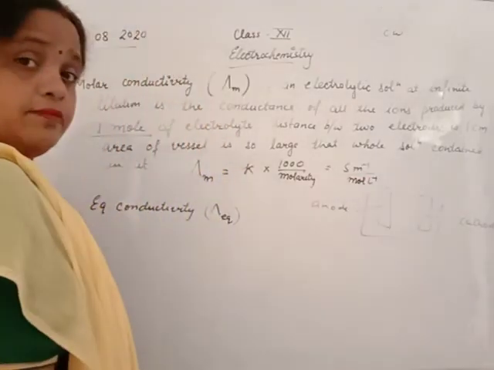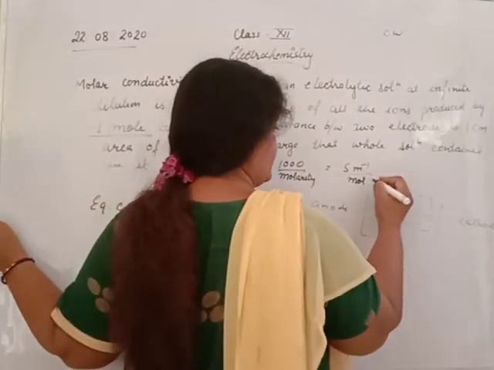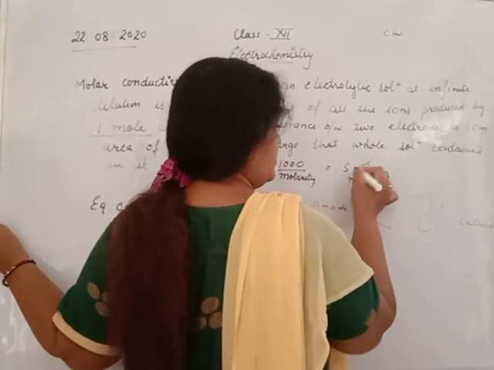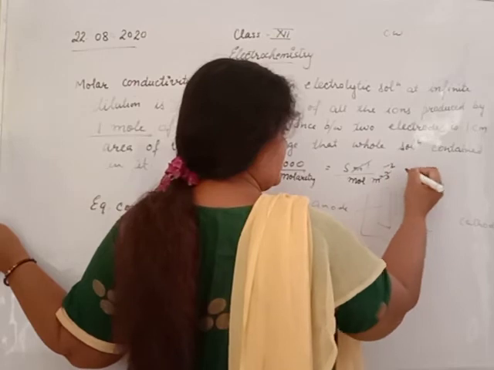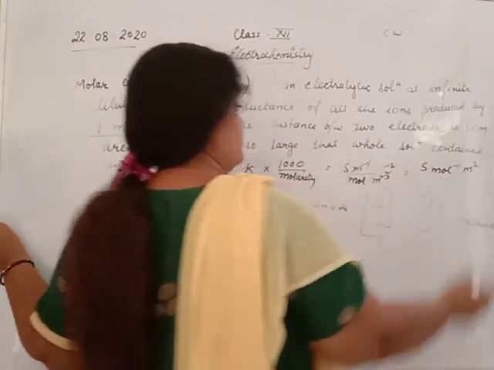Per liter means 1 liter is meter cube volume, per meter cube. It will be cancelled out. The unit is Siemens per mole meter square.